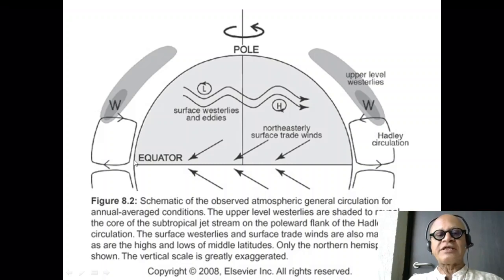We already argued that that's not going to be the real situation. So there is some latitude at which the Hadley cell terminates above the subtropical highs, where subsidence happens. There is divergence, which means there is another cell, and then there is another cell towards the poles.